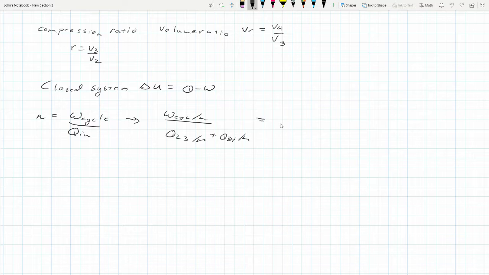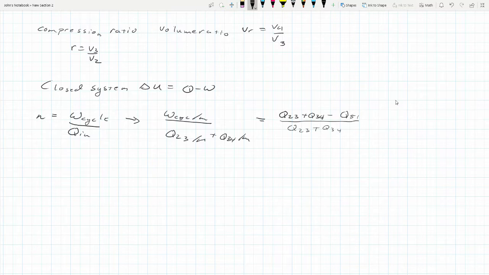The work of the cycle can be written as all the heat in, Q23 plus Q34, minus the heat out, where the heat rejection is only in 5 to 1, all over Q23 plus Q34.